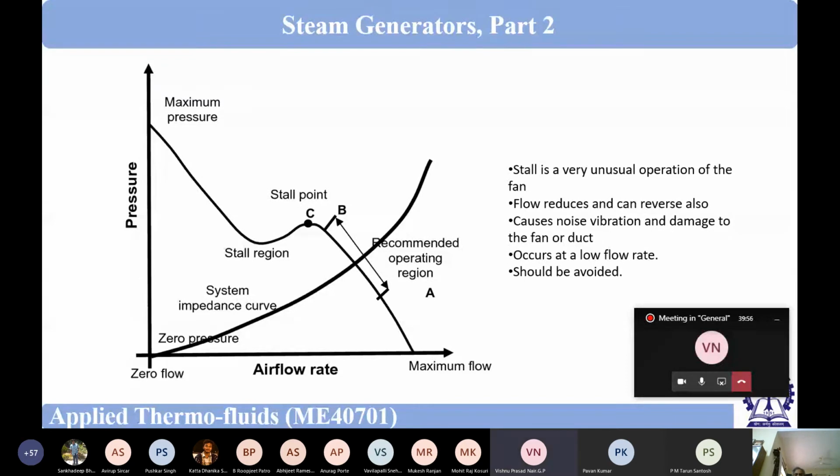If we assume that flow rate is increasing gradually, that will be a very small period. In fact, in many cases stall happens, and then the operator changes the operating condition so that the fan can come out of the stalling region. Okay. Yes, sir.